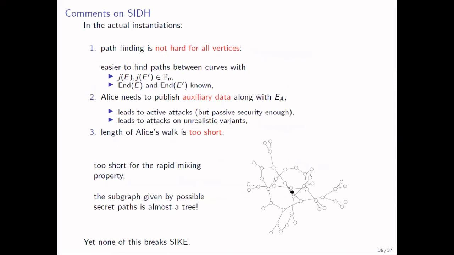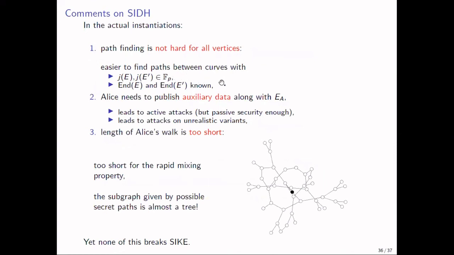Except if you actually instantiate it, then you end up with these very mind-blowing things that happen. And that's that this pathfinding that I told you about is not actually hard for all vertices. It's easier to find paths between curves if their j-invariants are not in F_p squared but in F_p.